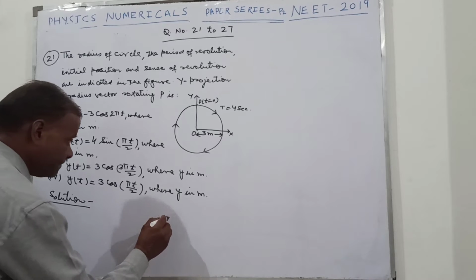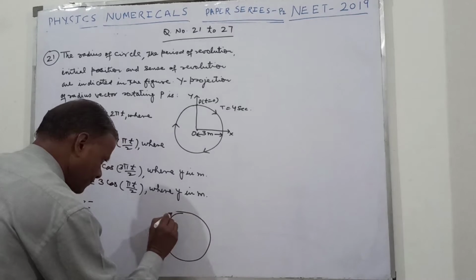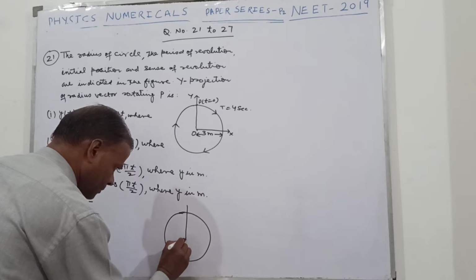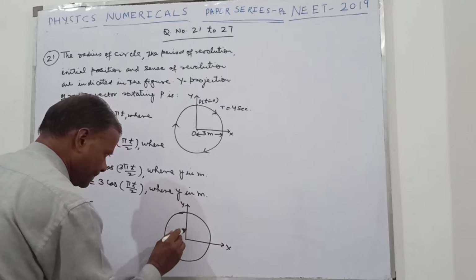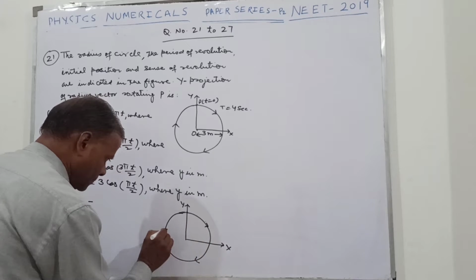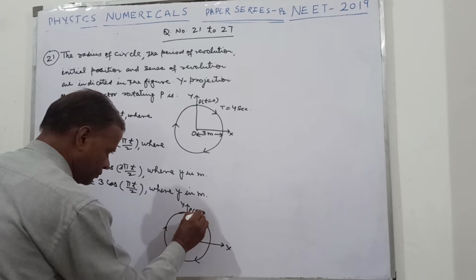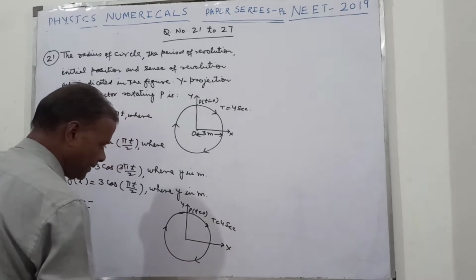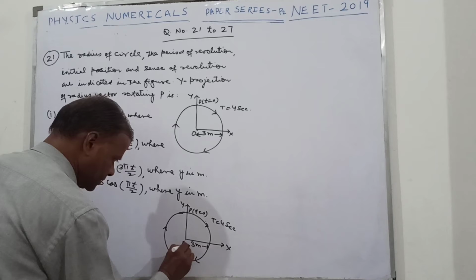How to do this? This is x, this is y, given like this, the particle is moving, here P at t equal to 0 and t is given to be 4 seconds. This is the origin, the radius is 3 meters.